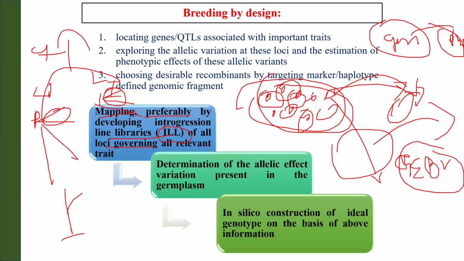Then any other doubts apart from this? No doubts? I didn't understand this, how they are similar. Sir, see, what is a CSSL? We take one donor and represent the donor genome in multiple lines, in one single background.